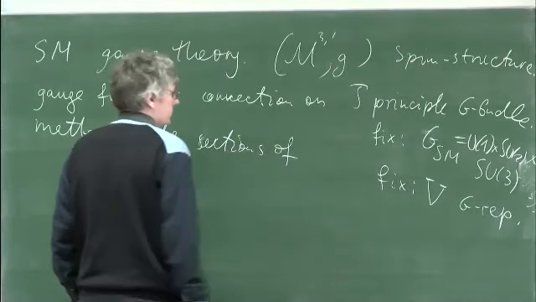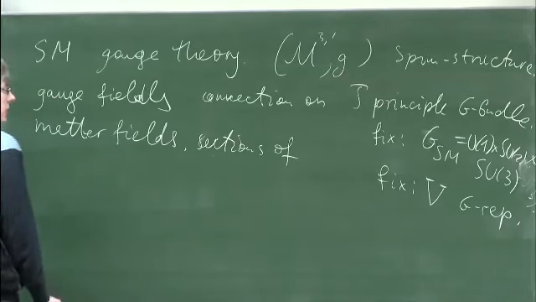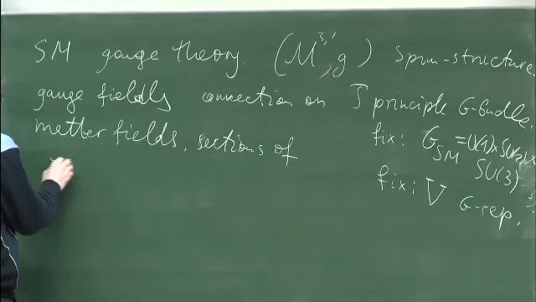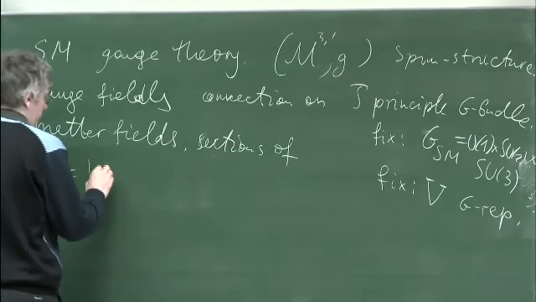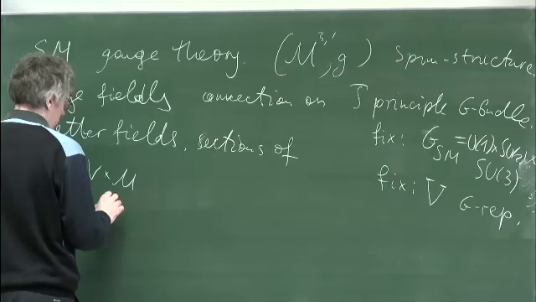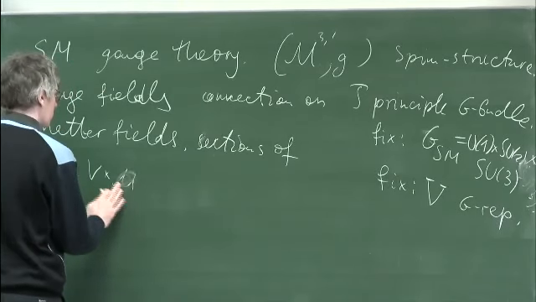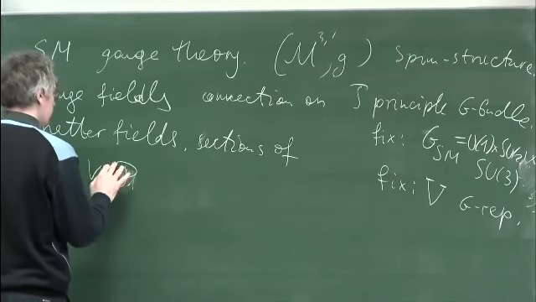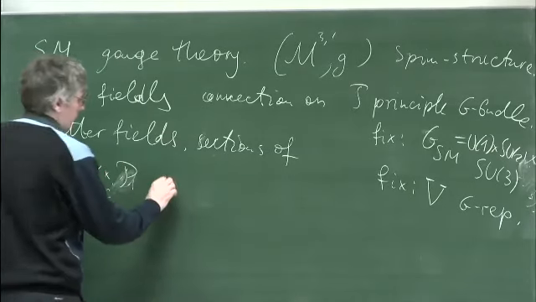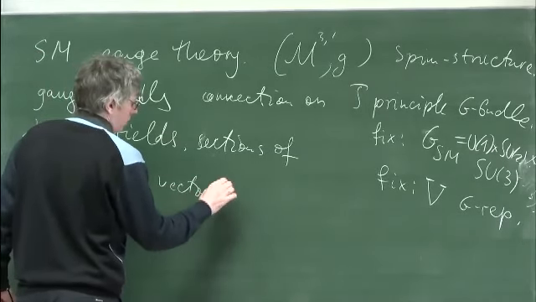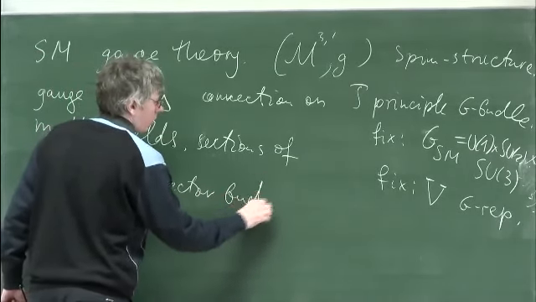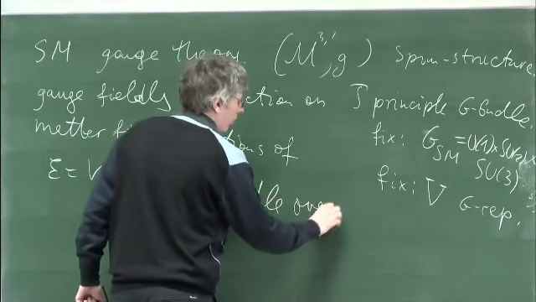If we fix the representation V, we can take the associated vector bundle E, which is V cross P over G, a vector bundle over M.